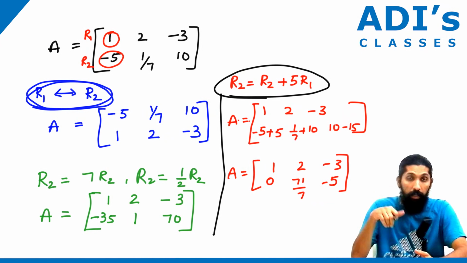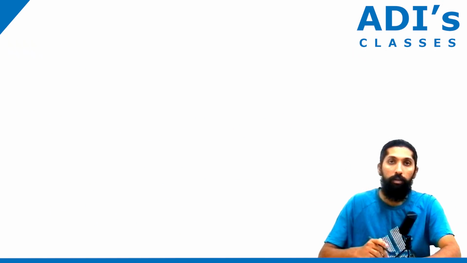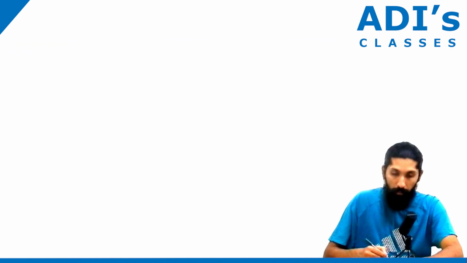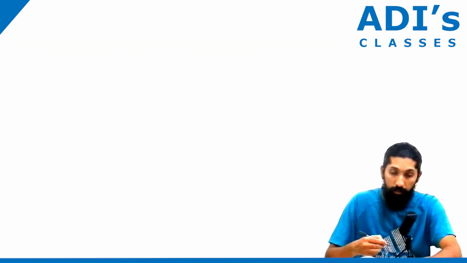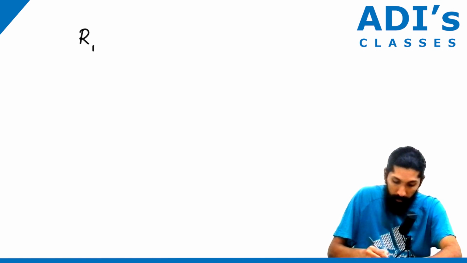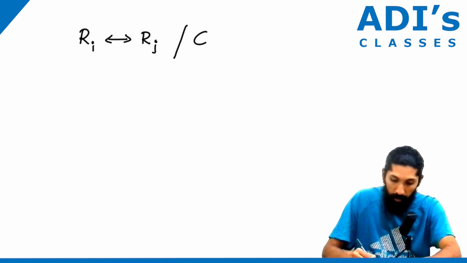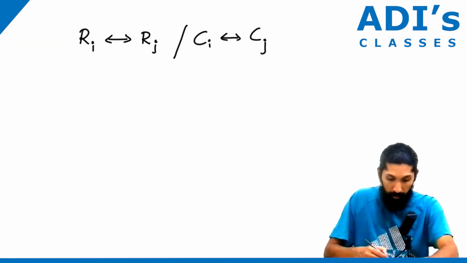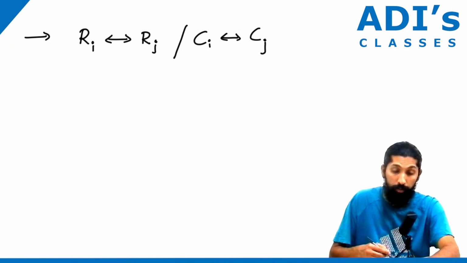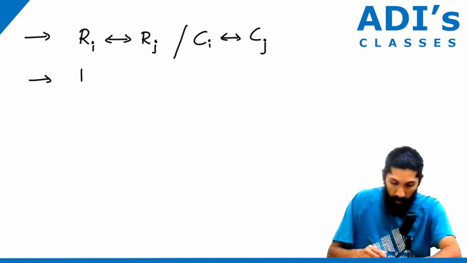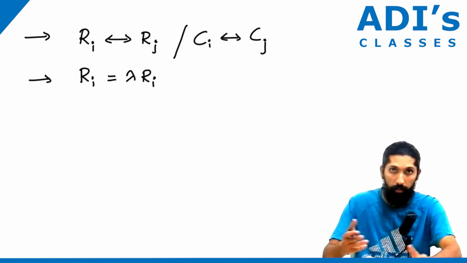In general, if I have to write this, we can write Ri exchanging with Rj, or column i exchanging with column j. That is the first type of elementary transformation. The second type is Ri is equal to some value lambda into Ri, or you can do 1 by lambda also, it depends.